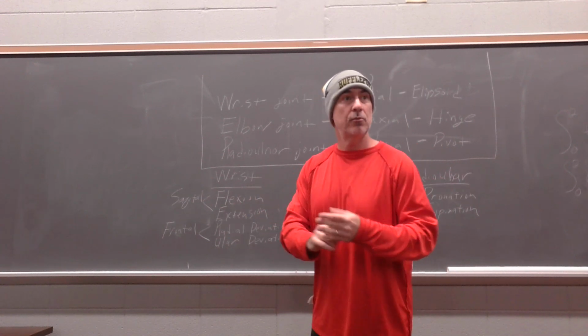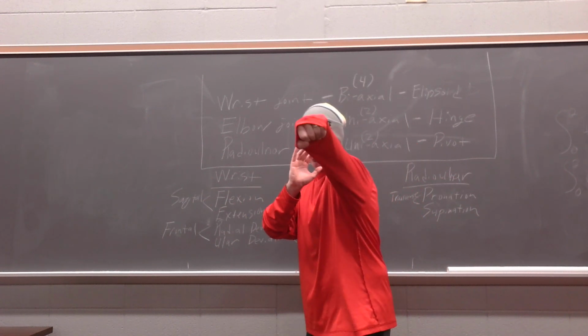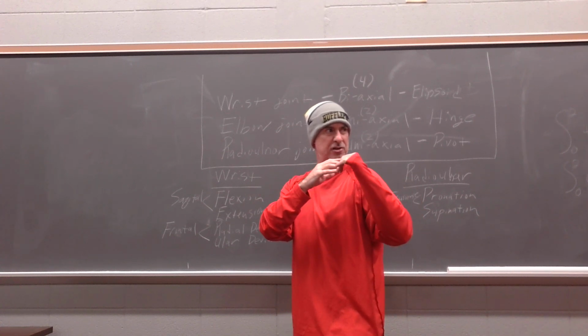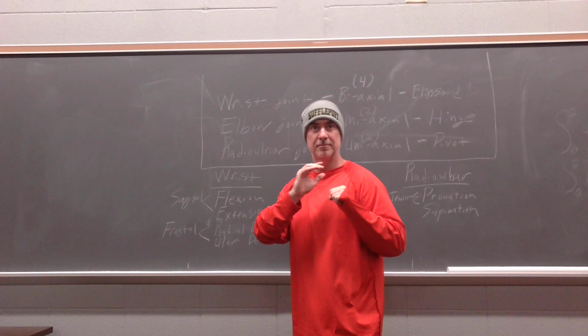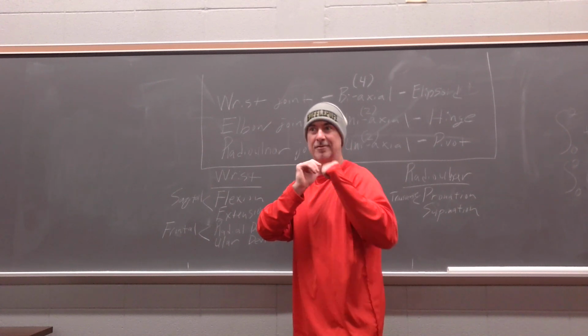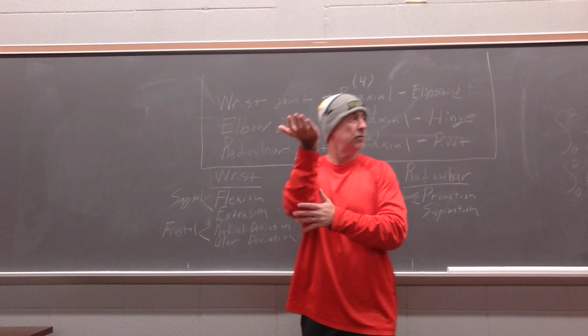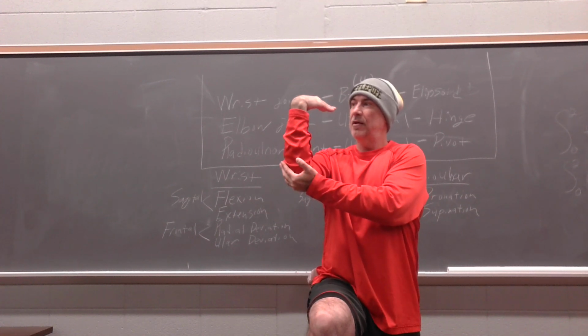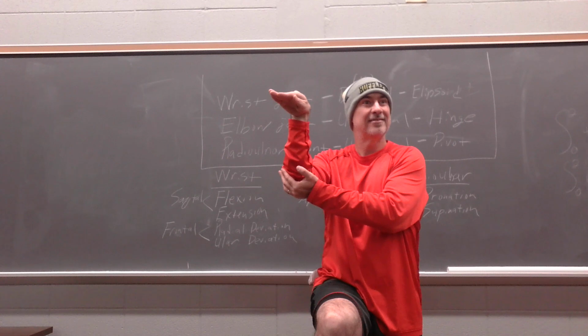No different than when we threw the jab. Elbow extension and shoulder horizontal adduction, if you want to put it that way. If I did them in sequence, it would look silly. But when you do them together, no different. This and this done at the same time looks like this.